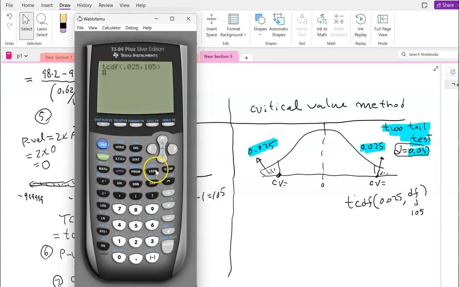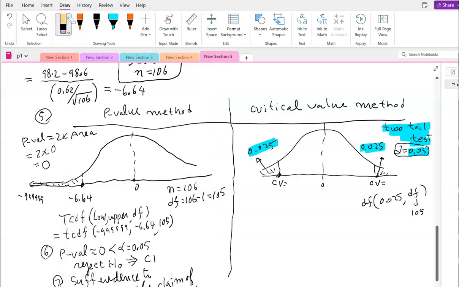Second bars. It is inverse t, sorry about that. So it's not TCDF, it is inverse t.